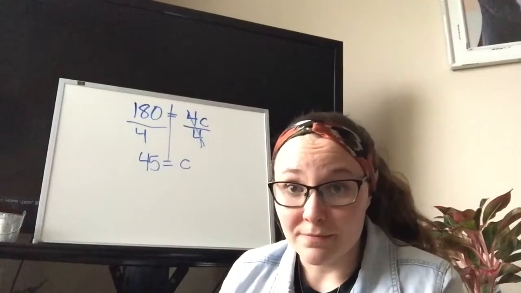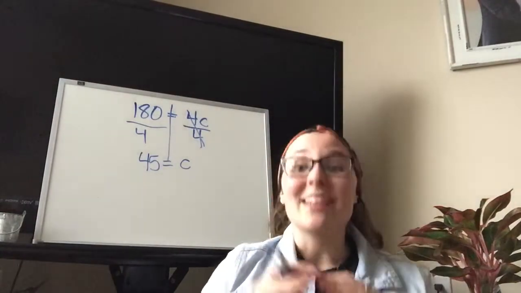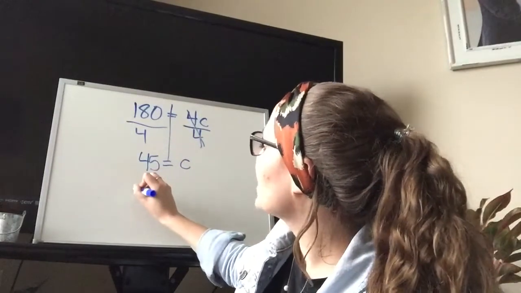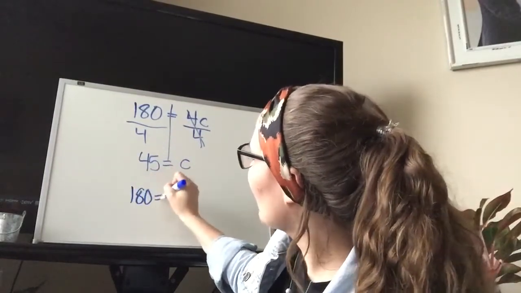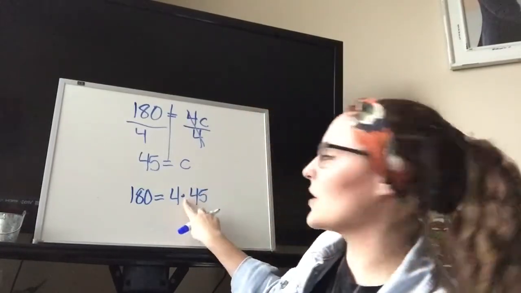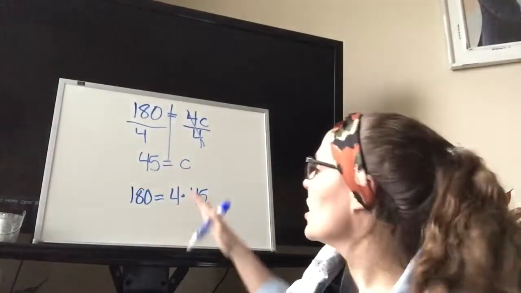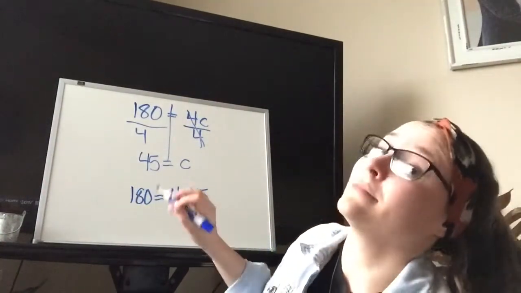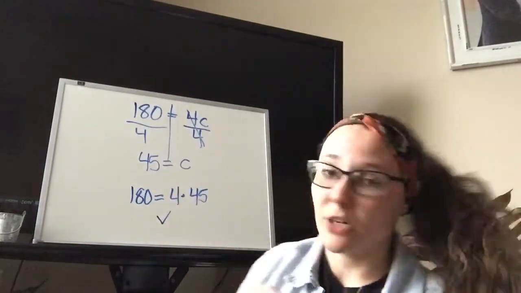That's my solution. So now I need to go back and check if that solution is correct. So I will plug in. My original problem was 180 equals 4 times 45. Remember, the dot is the same thing as multiplication. So is 4 times 45 180? Yes. So our answer is correct again.